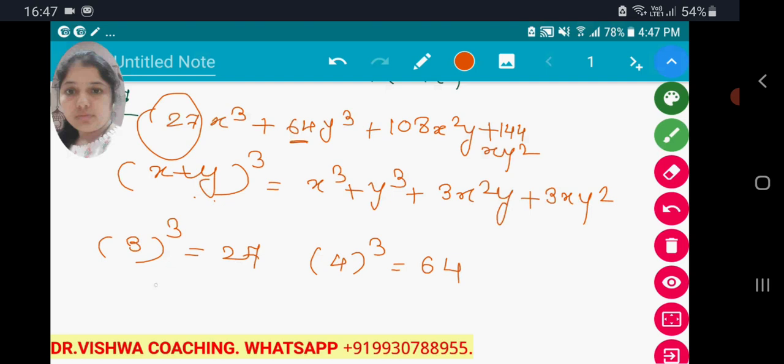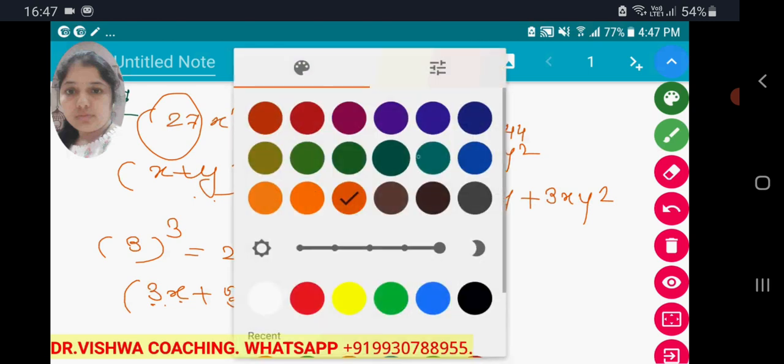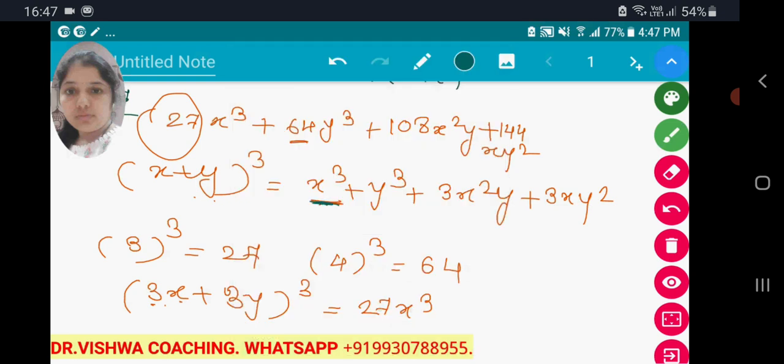Now put the values. 3x plus 4y bracket cube is equal to, as our formula says, 27x cube plus 64y cube plus 3 multiplied by 3 square, that is 9. 9 3s are 27, and 27 4s you have to do, so 108x square y, and the same for 3xy square.